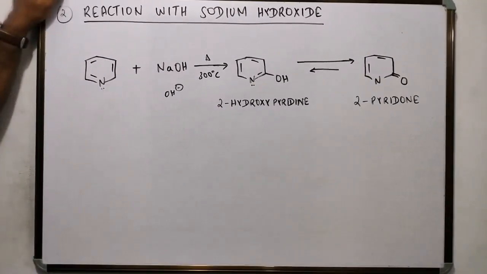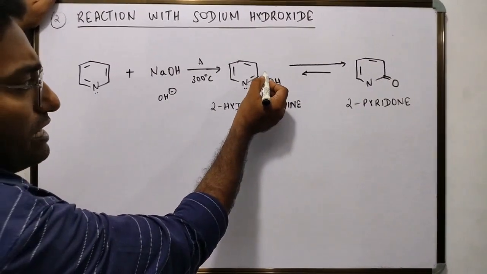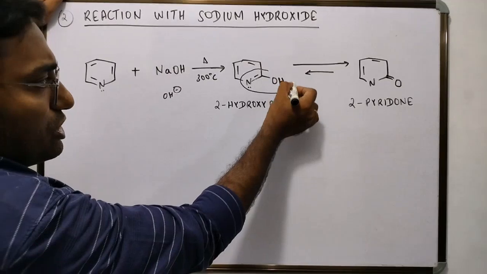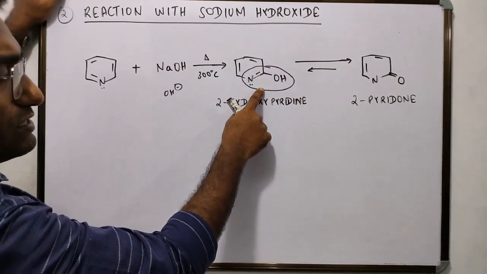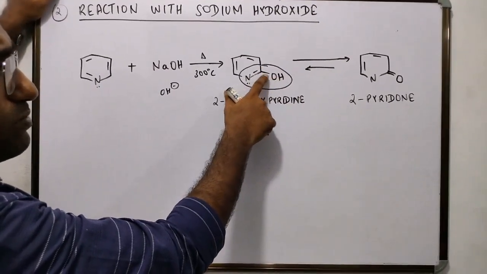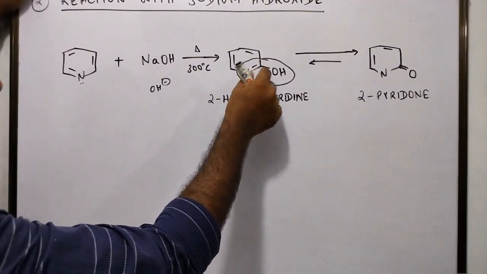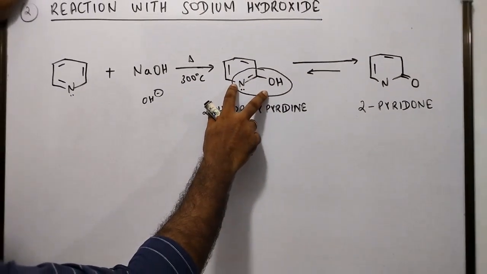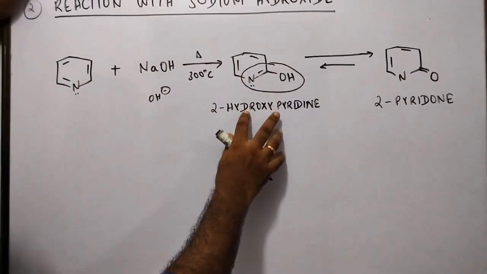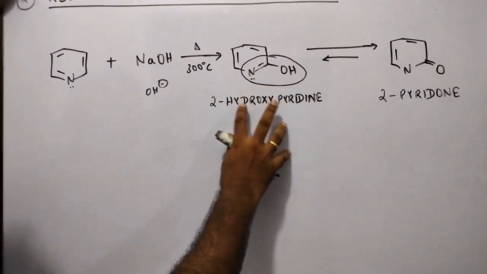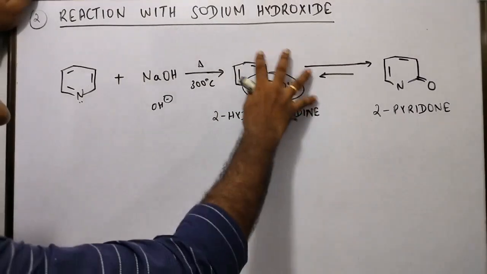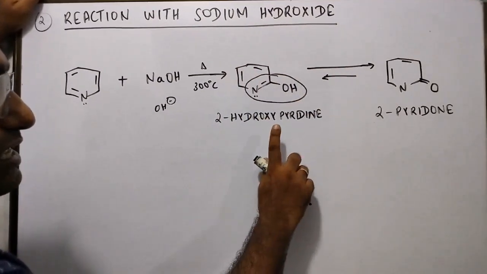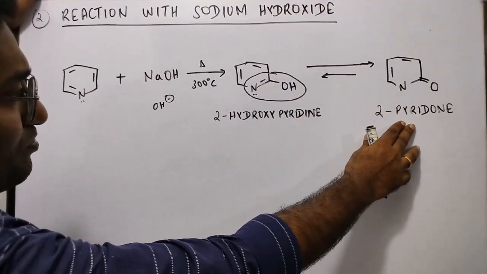The 2-hydroxypyridine has an enol functional group, which is an OH group attached to a carbon, which is attached to a nitrogen by a double bond. Having an enol functional group means that it is an enol isomer. The enol isomer is comparatively less stable than the keto isomer.